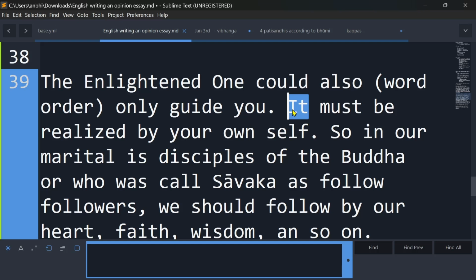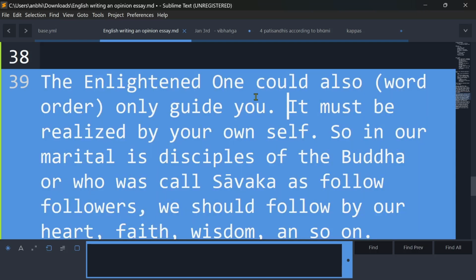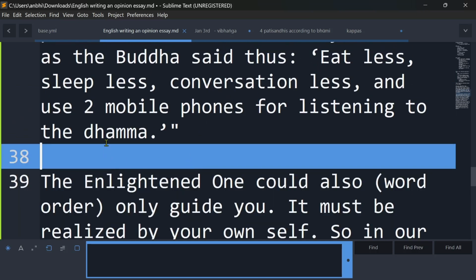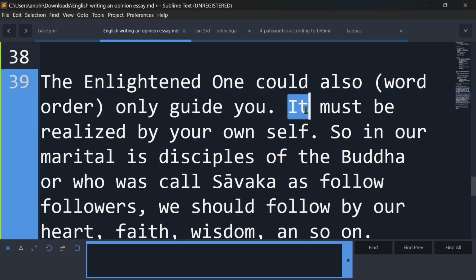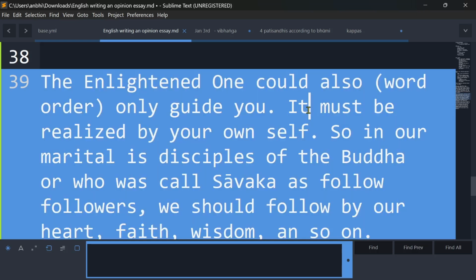Okay, it in the beginning of the text, I don't understand. What is he referring to? If there was something before in the text talking about something, then we know what he's talking about. Of course, I know this is probably enlightenment, or Nibbana, for example.